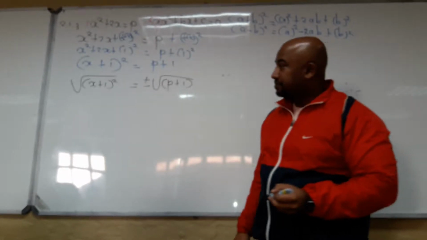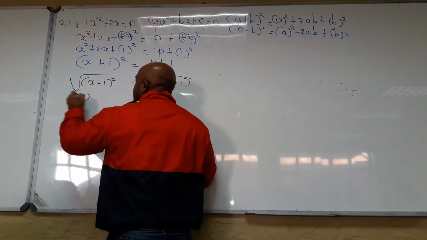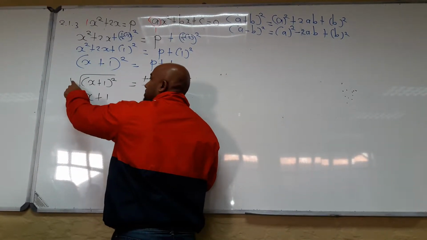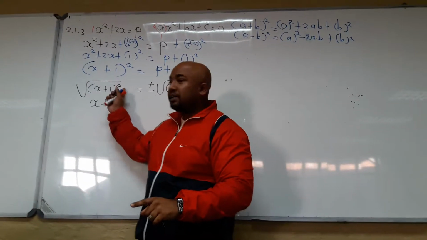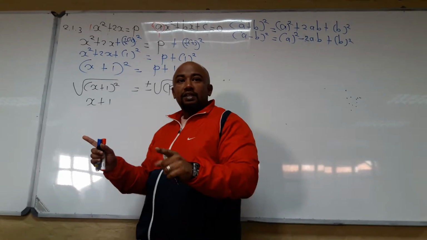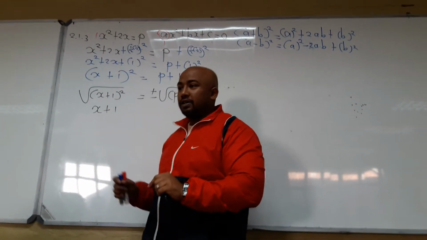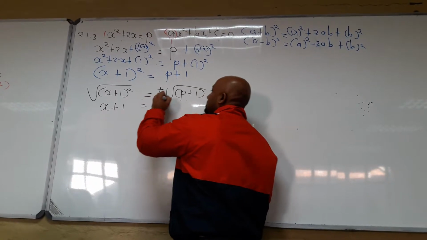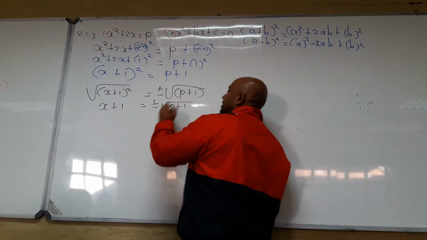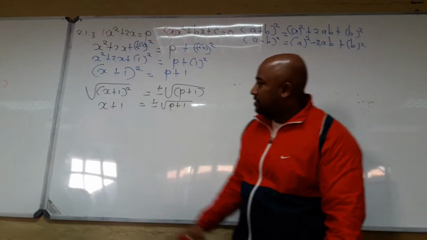You follow? So now, the square root and the square, from your exponent laws, if these two are the same, they will cancel. So let's see what happens here. You've got plus or minus the square root of p plus 1, and you're almost done now.